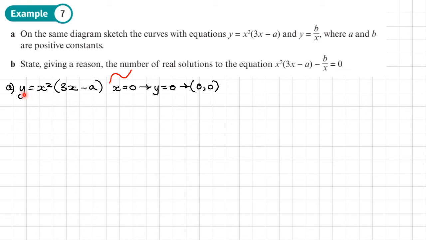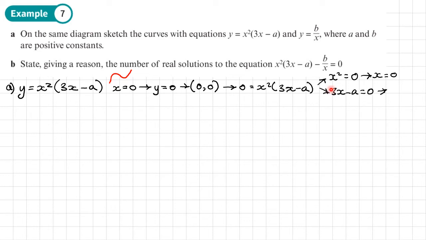And then we're going to make y equal to 0 and solve that. So if we make y equal to 0, we'll have 0 equals x squared times 3x minus a. So what does this mean? It either means that x squared equals 0, which means that x equals 0, or it means that 3x minus a equals 0.